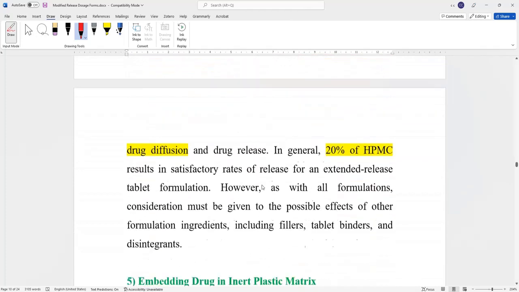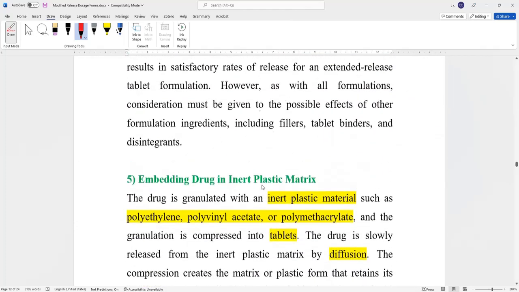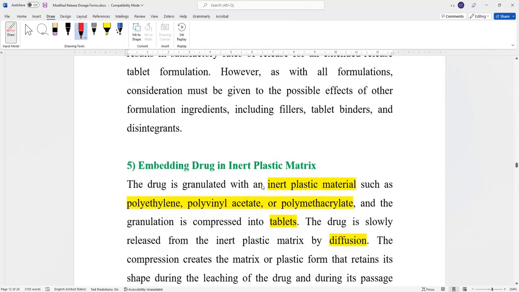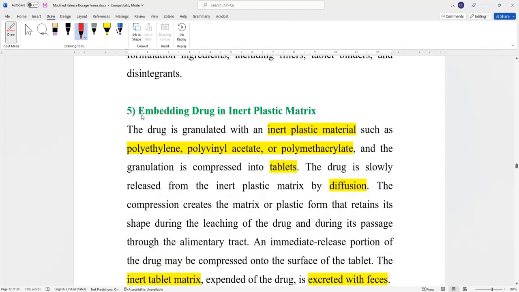Now the same thing we described here, but instead of an eroding or hydrophilic matrix, here I'm talking about an inert plastic matrix. This means the matrix is not dissolving here, it's not hydrophilic. So what happens here?